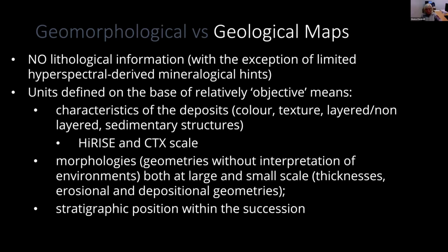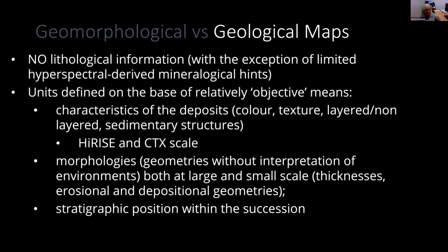But still, the goal of geological maps is to perform the most objective possible representation of my area. So we can use our most objective means and distinguish the units on the basis of this.